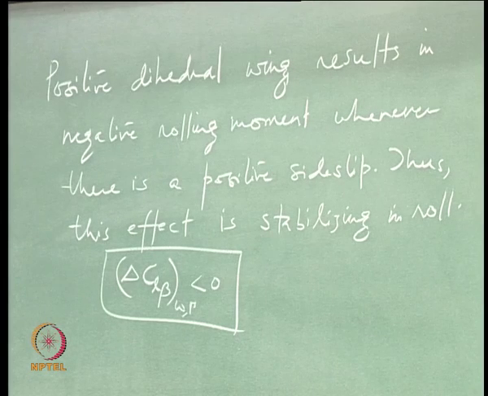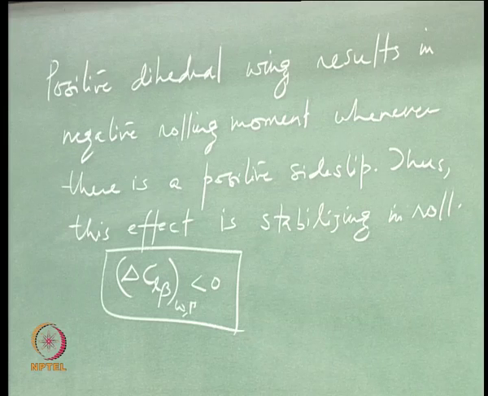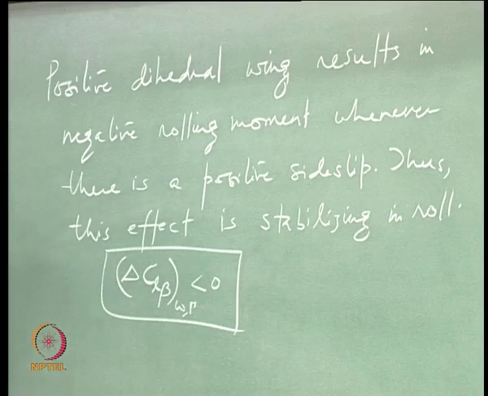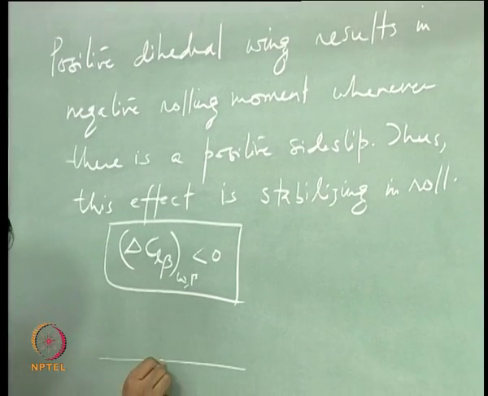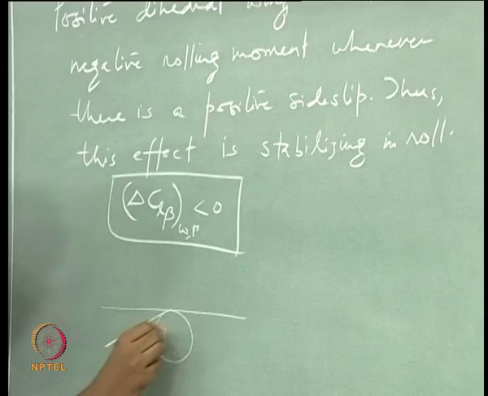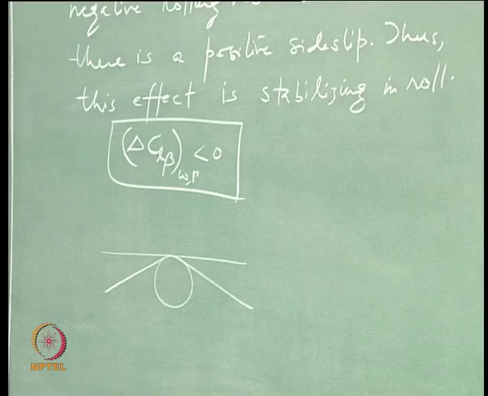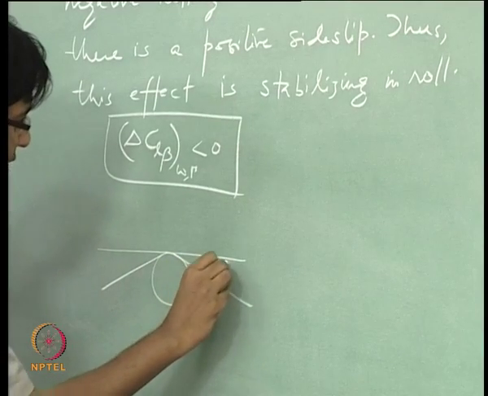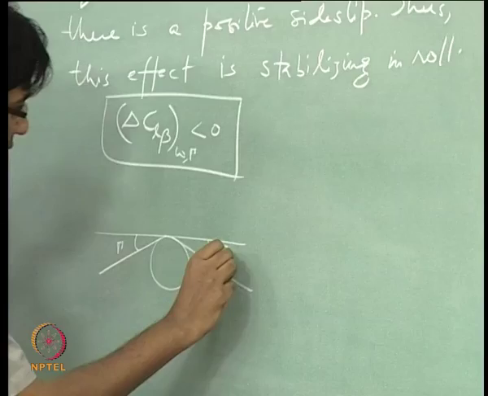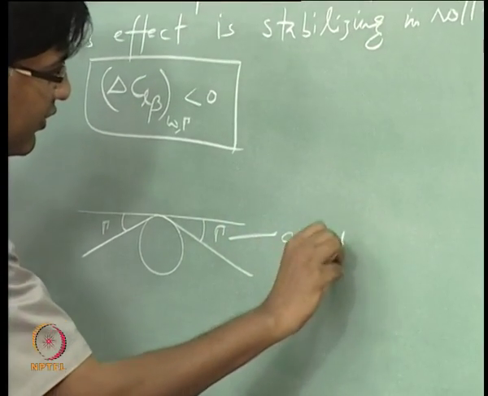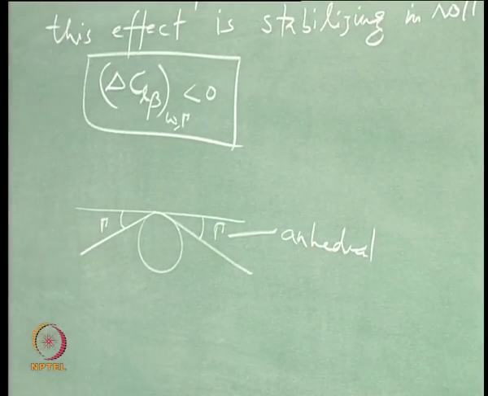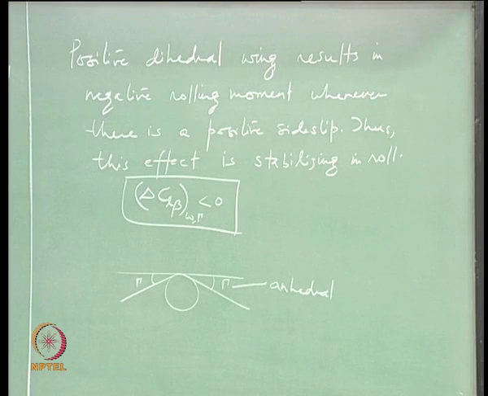All right. So, now I do not need to tell you, you should figure this out, that when the wing is having anhedral, making an angle with this, so anhedral is this, wings drooping down, there is going to be a destabilizing effect on it.